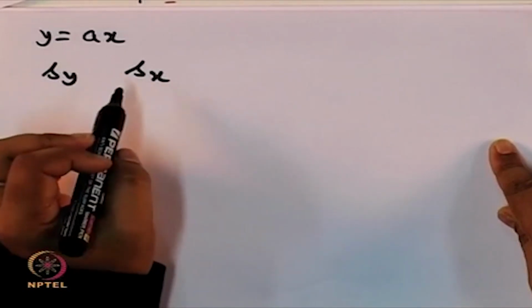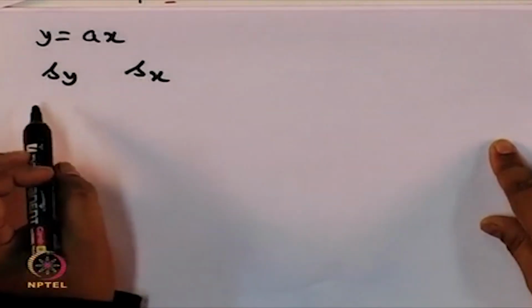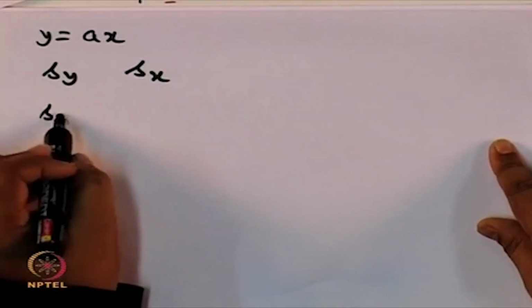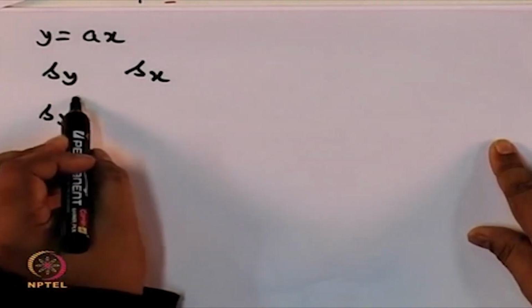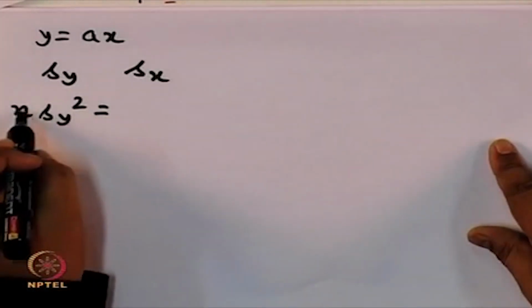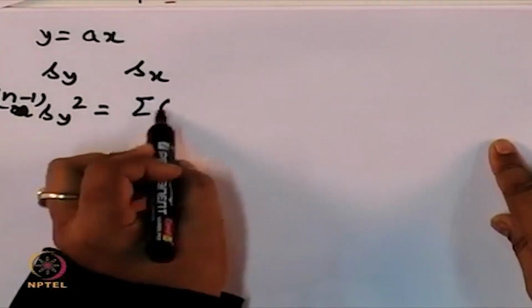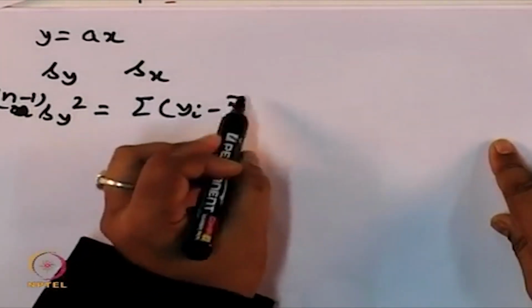What is the relationship between sy and sx? The way to do it: n minus 1 times sy square is nothing but summation yi minus y bar whole square.